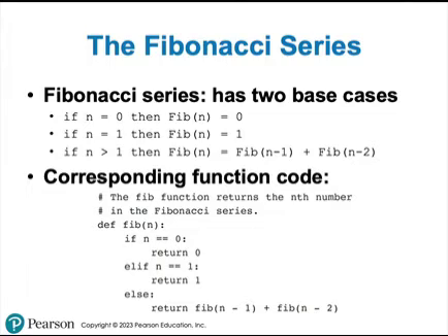And then the way we calculate a Fibonacci series is if n is greater than 1, then the Fibonacci value of that number is the Fibonacci answer of the number before and the number before that. So it's basically looking at the 2 values before that and adding them together.